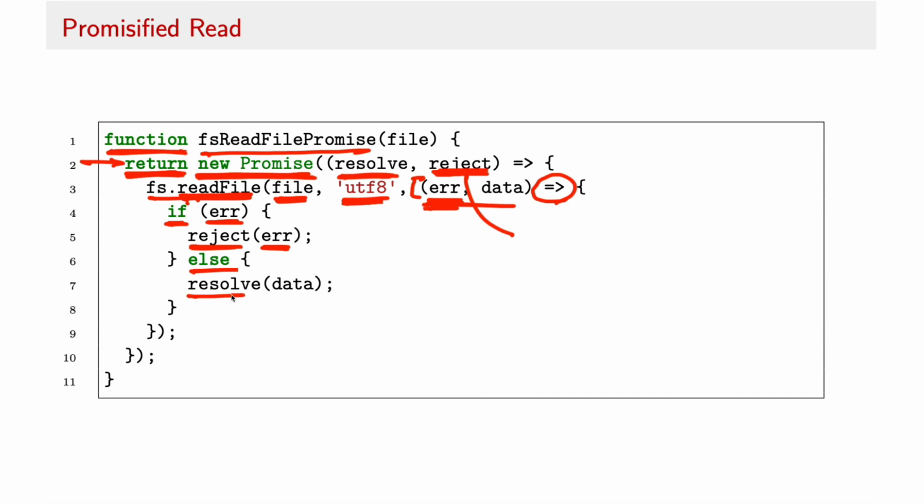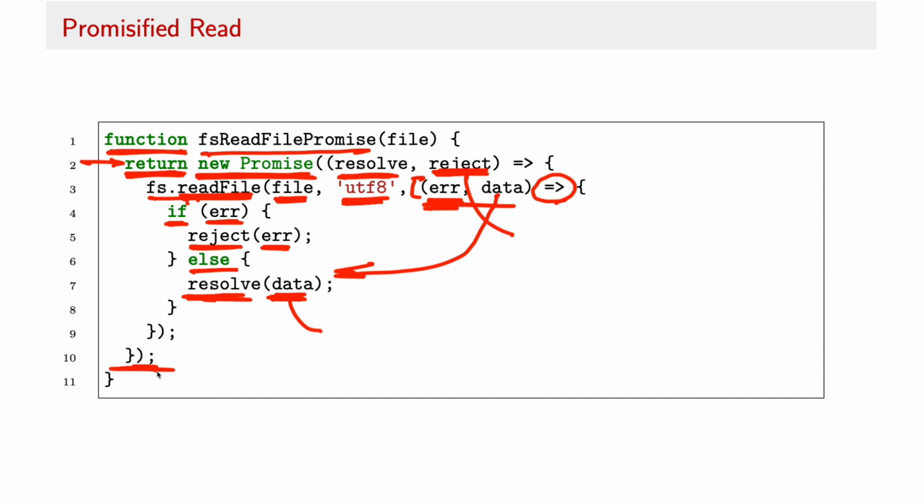So I call resolve, and I pass in data, which is the second parameter here that I got in my callback, right? That's the contents of the file that was read. I call resolve, that tells the promise to switch from pending to fulfilled, and also tees up this data as the information that will be returned to the function invoked by the .then method of the promise itself. And that's the end of this promisification function.